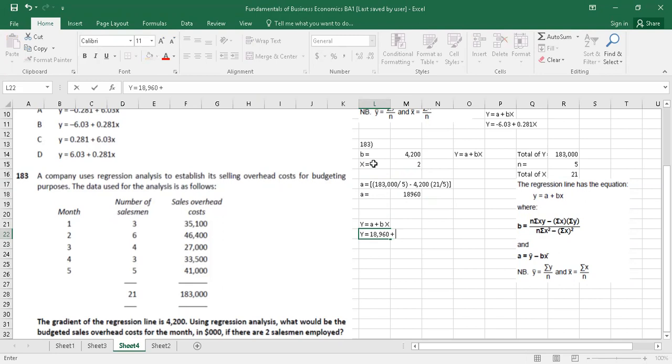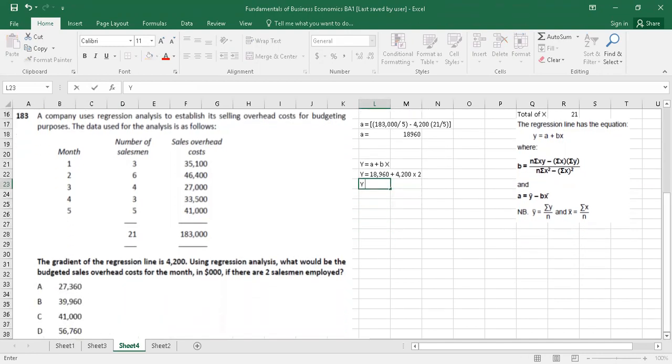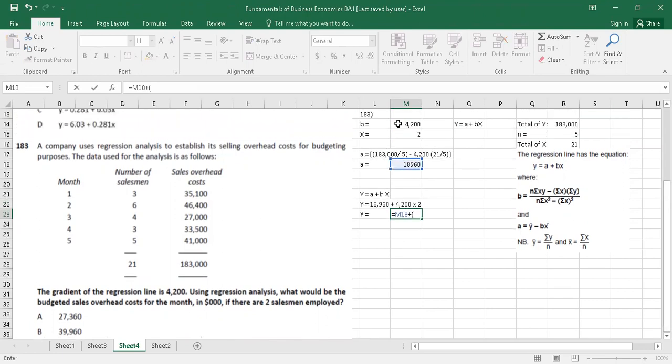B is 4,200 into the number of salesmen, which is 2. So y is equal to... so the answer is 27,360.